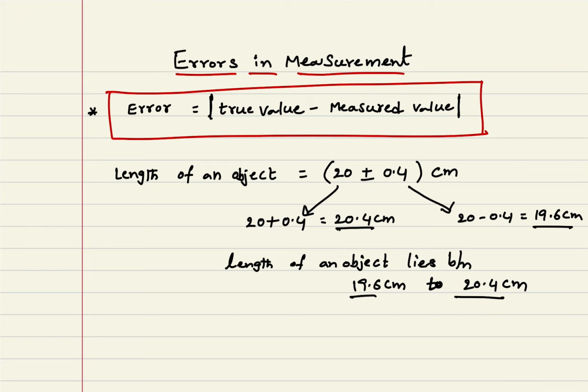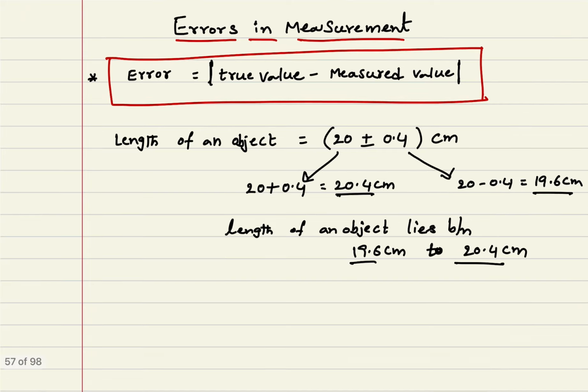The value will lie between these two values only: the lowest value is 19.6, the highest value is 20.4 centimeters. This value cannot be less than 19.6 or more than 20.4 centimeter.